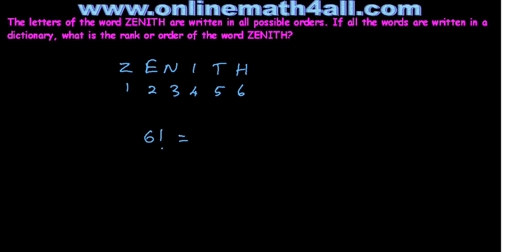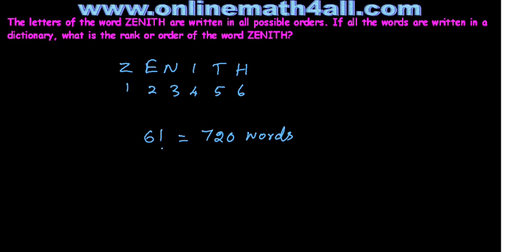The value of 6 factorial is 720. So we will be able to form 720 new words with the letters of the word zenith, and zenith also will be one of these 720 words.